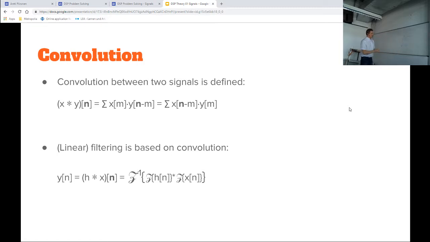And think of multiplying a signal in frequency space, meaning you have the complex spectrum of the signal somewhere, something like this. That's the X of omega.